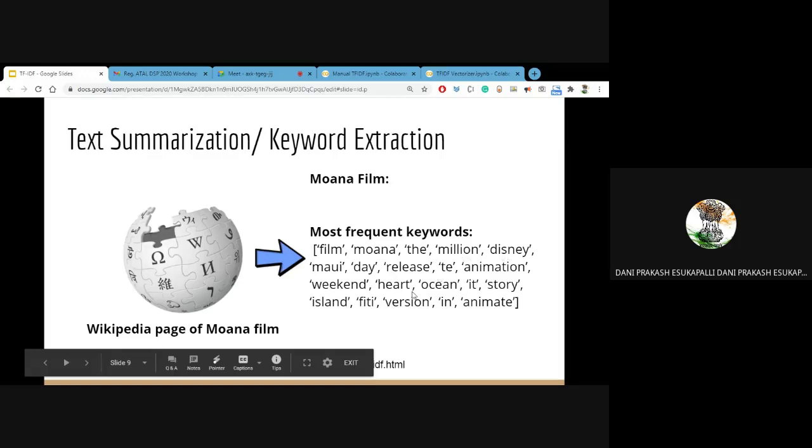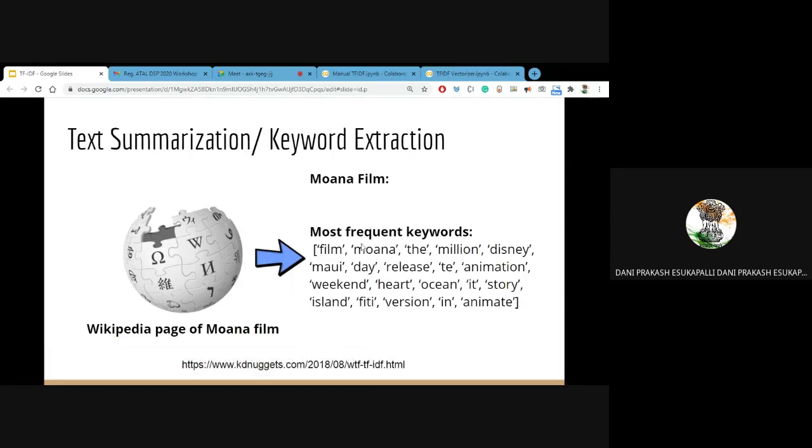These are the features we can extract from this Wikipedia page. But if we take any other film, the word film will be there, million can be there, Disney can be there, but we want keywords that are local to Moana.